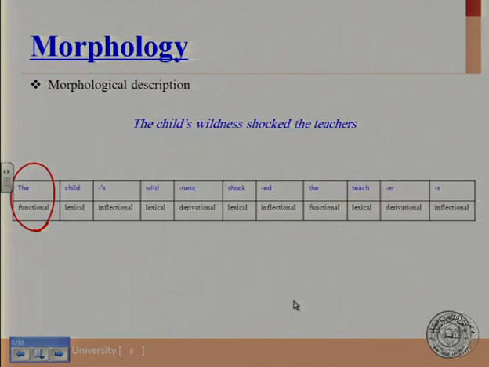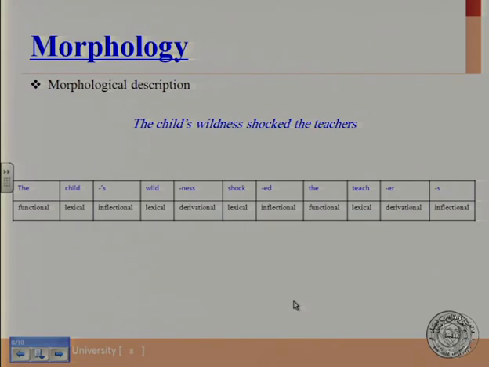Now, child is a lexical word, lexical morpheme. It stands alone and it has a meaning. Now, the s is inflectional. Why? Because this is a possessive s, and it is a bound inflectional morpheme. A word like wild is a lexical, and of course we can say also it is a stem.